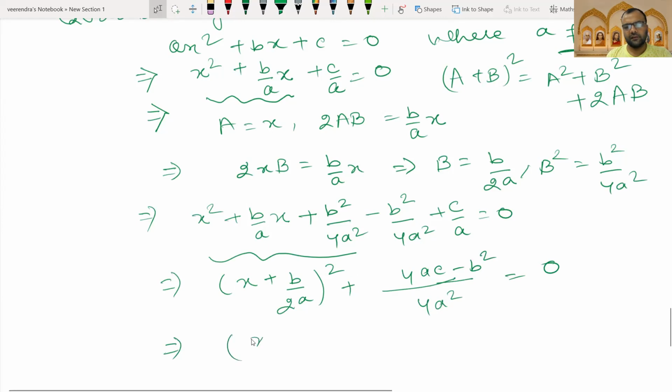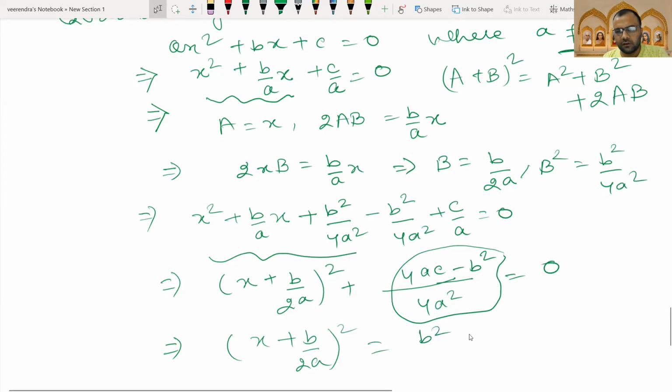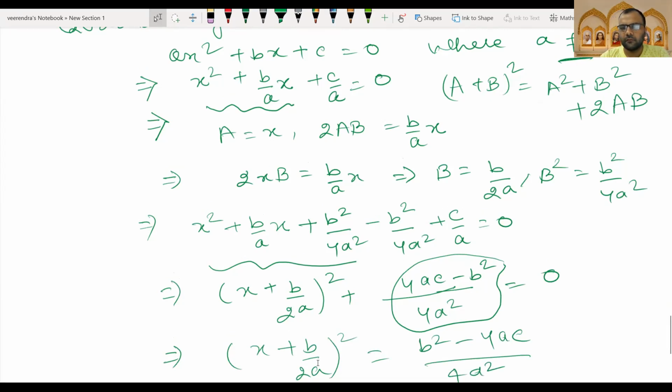From here, we can write it as (x + b/2a) whole square. If I take this term on the right hand side, it will be (b² − 4ac)/4a².